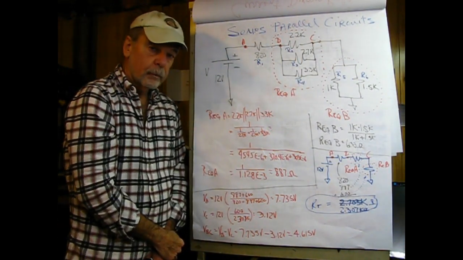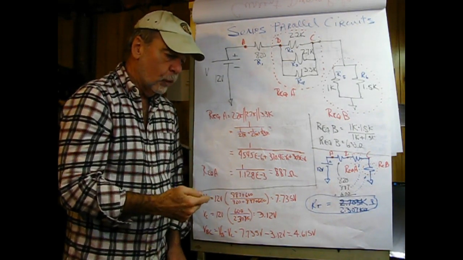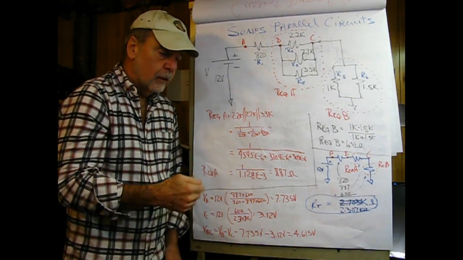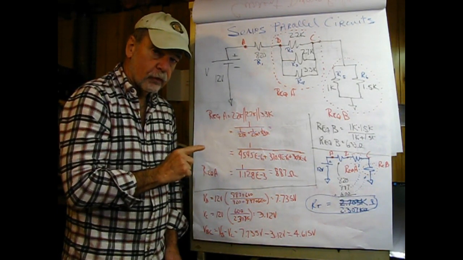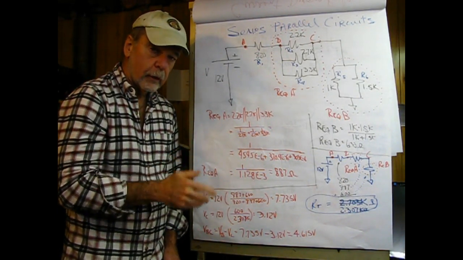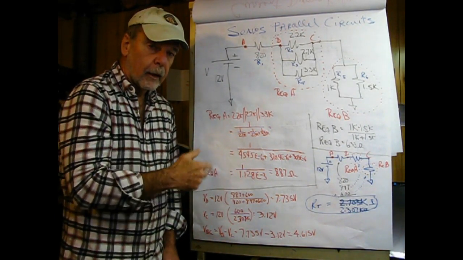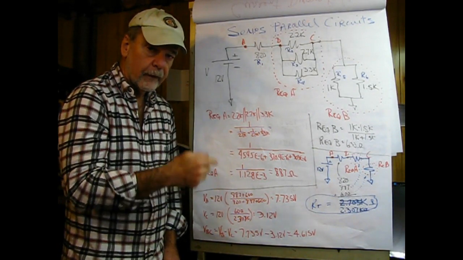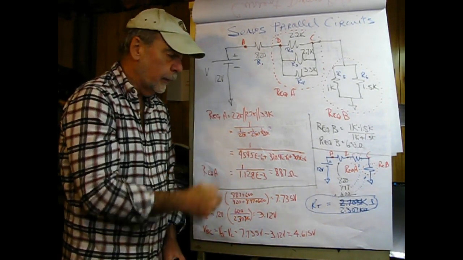When you do this with parallel circuits, always be aware that the total resistance is less than the lowest resistance in the network. Contrarily, in a series circuit, RT is going to be higher than the highest resistance in the network.